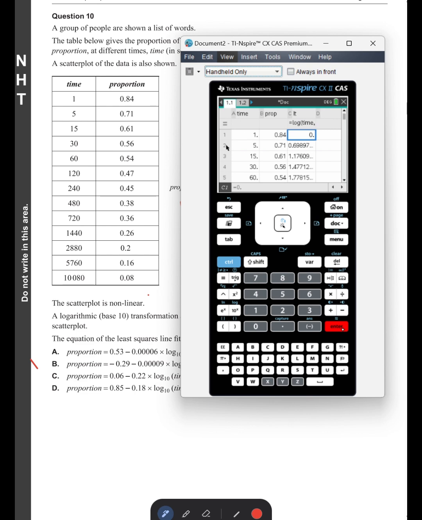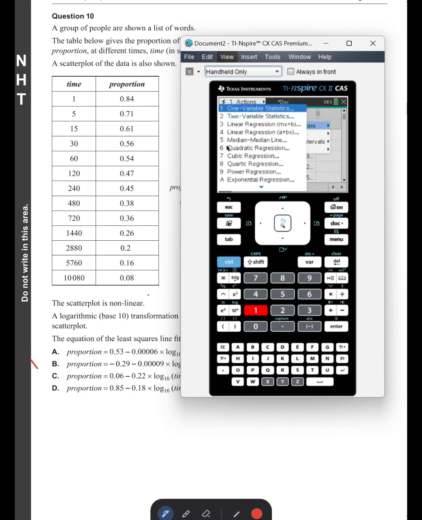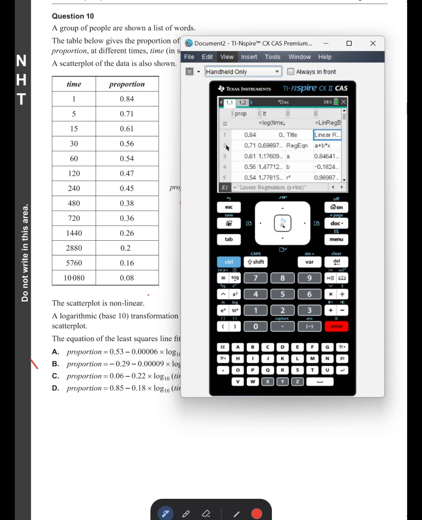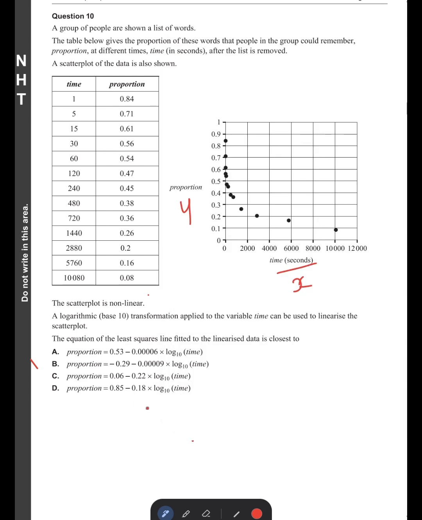Then we just do menu 414. X list is my transformed variable, Y list is my proportion. And that gives me A and B. So I'm going to look at A being 0.85 because the 6 makes it round up, and B as negative 0.18. So 0.85 and negative 0.18. So it's going to be D there.